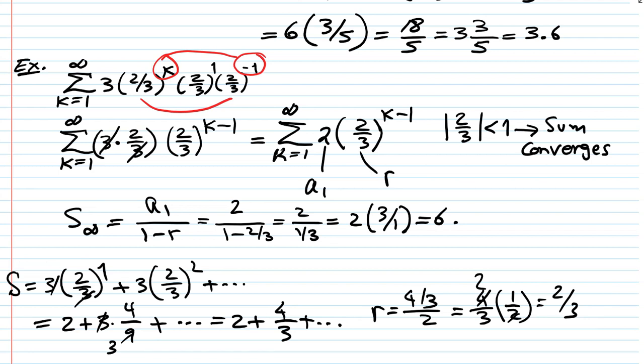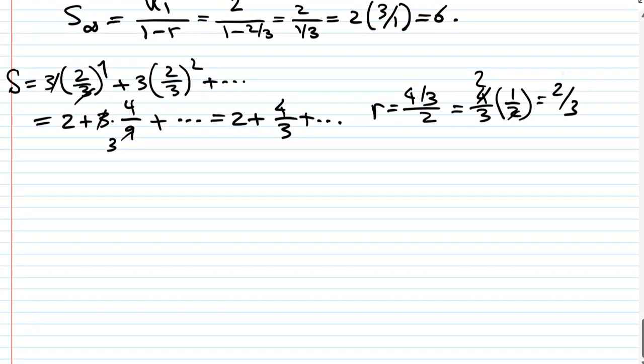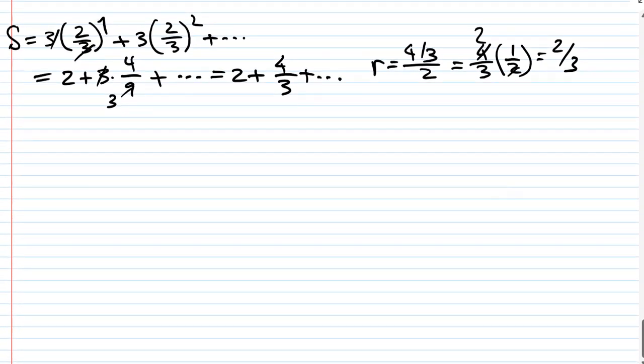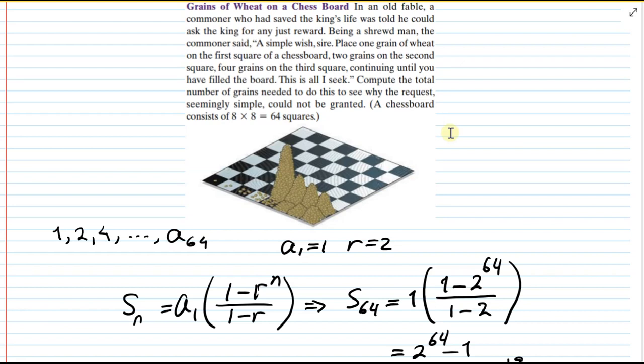Okay, now let's finish this with an application. So I'm going to bring in the application and then we'll finish this work. And here it is. In this example, the classical example, by the way, the number of grains of wheat on a chessboard. So the problem reads, in an old fable, a commoner who had saved the king's life was told he could ask the king for any just reward.